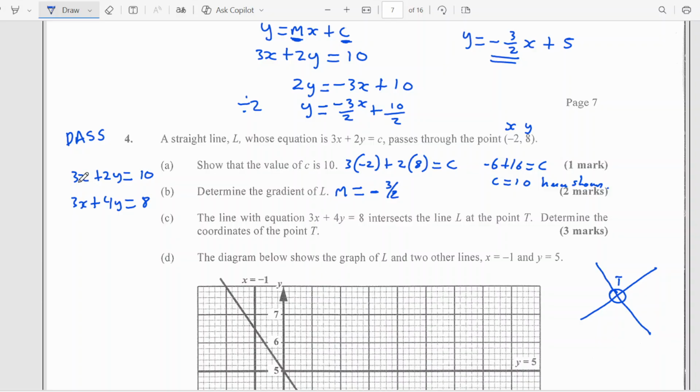So we want to eliminate the 3x, both of them are the same sign, so we need to subtract. So 3x take away 3x is 0. 2y take away 4y is negative 2y. 10 take away 8 is 2. Negative 2y is equal to 2, so y will equal 2 over negative 2, which will be negative 1.